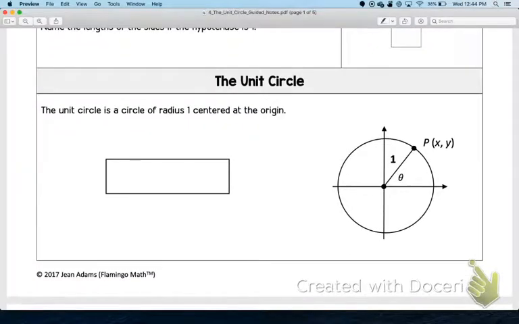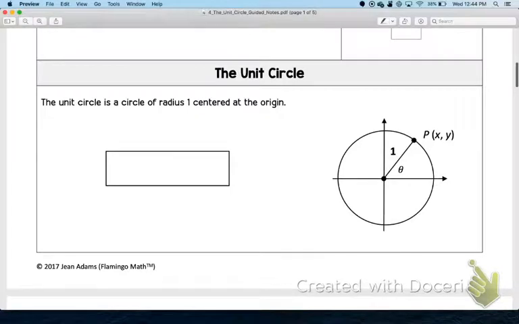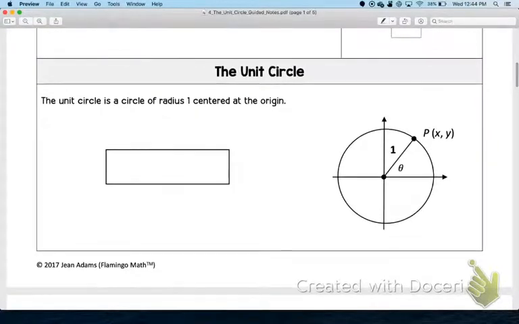The unit circle is a circle that has a radius of 1 that's centered around the origin. So there's a diagram of a unit circle. We have theta in there as the central angle. We have point P being represented as some point on the circle. My radius is 1.